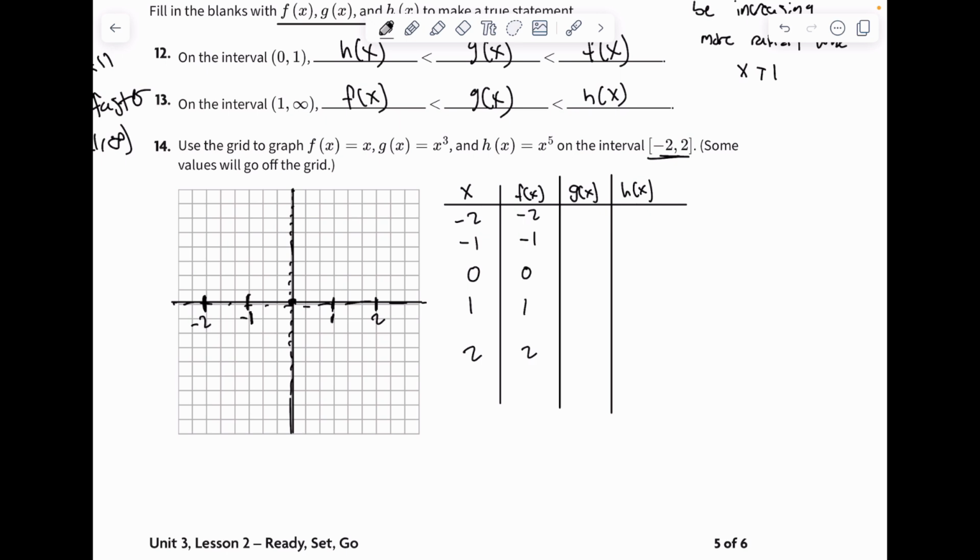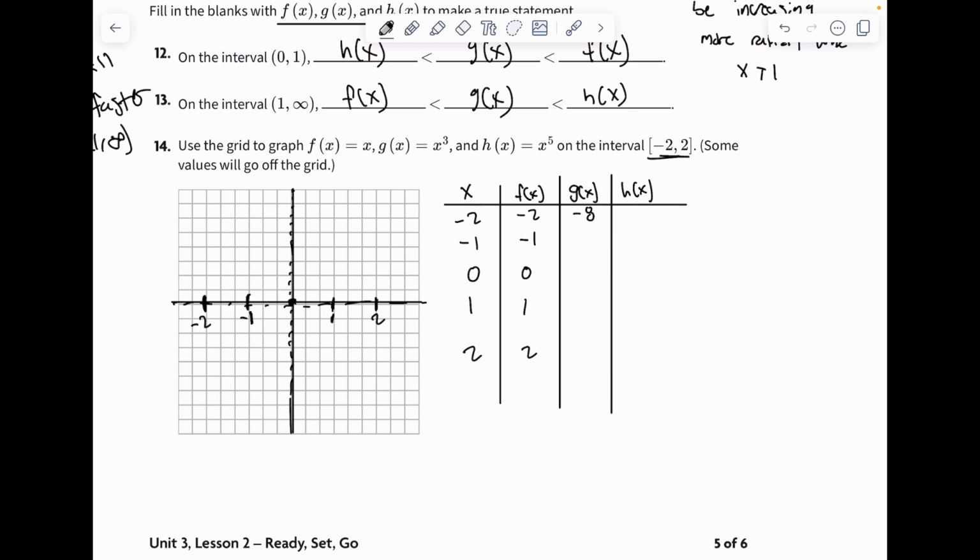Okay, so let's think about -2 to the cubed power. That's going to be -2 times -2 times -2, -8.